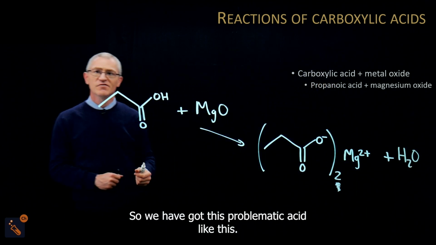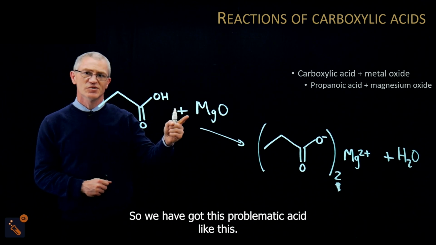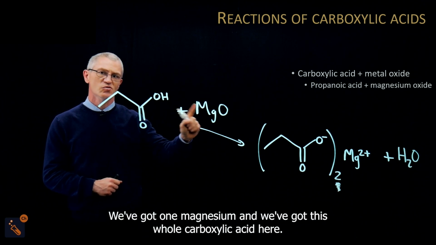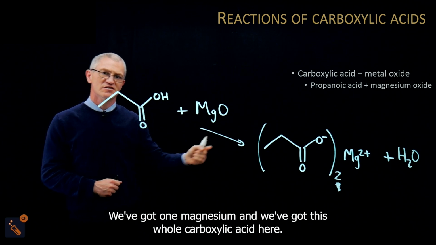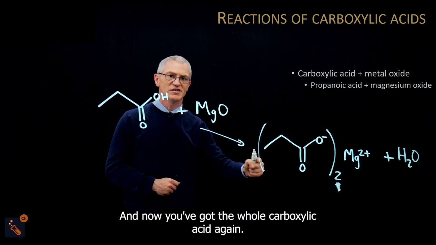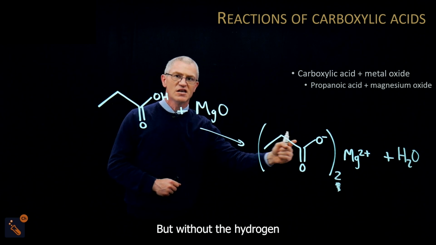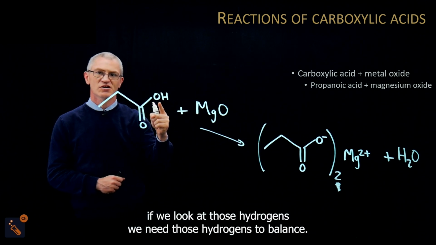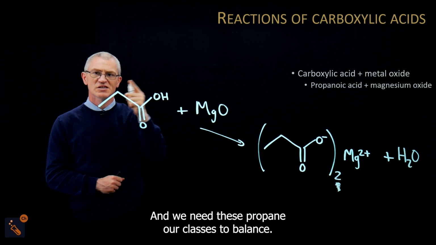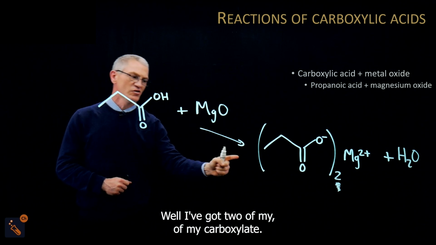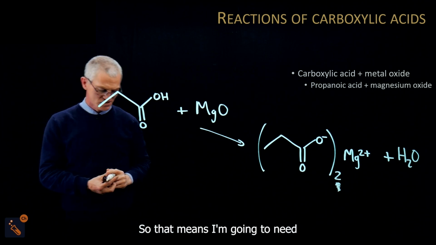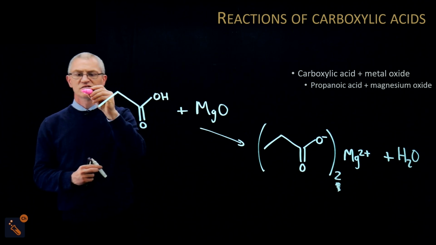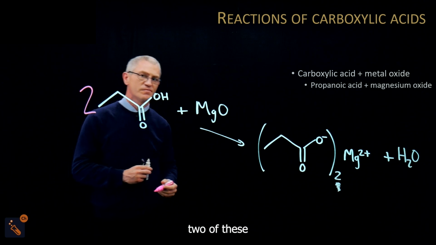So we have got this propanoic acid, magnesium oxide. Let's just check it balances. We've got 1 magnesium, and we've got this whole carboxylic acid here, and there you've got the whole carboxylic acid again, but without the hydrogen. If we look at those hydrogens, we need those hydrogens to balance, and we need these propanoic acids to balance. Well, I've got 2 of my carboxylate, so that means I'm going to need 2 of these.